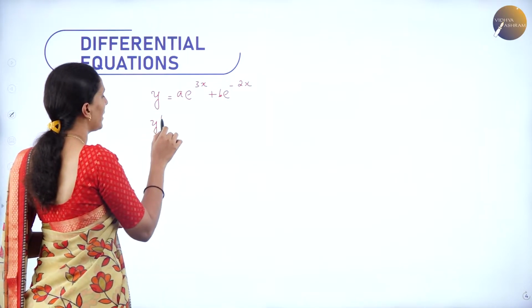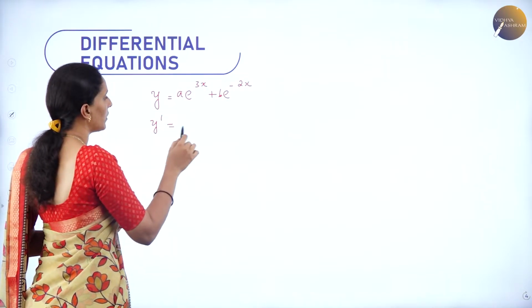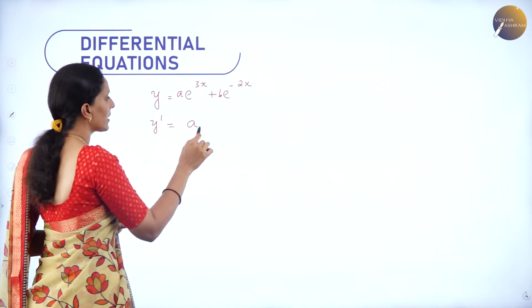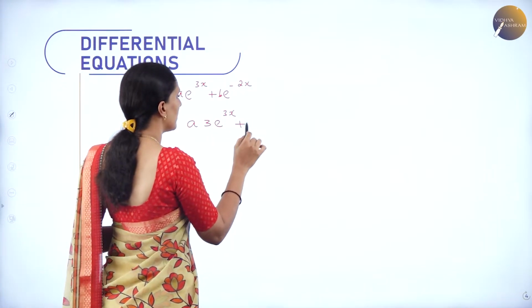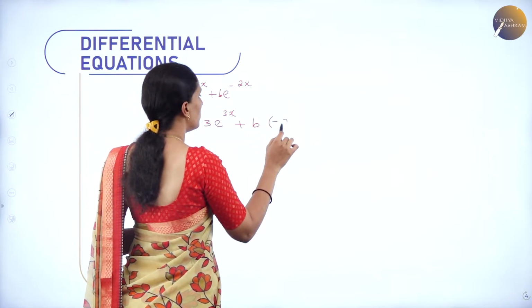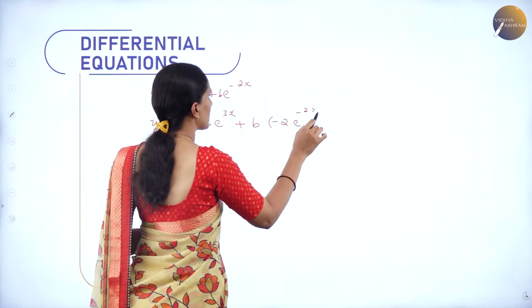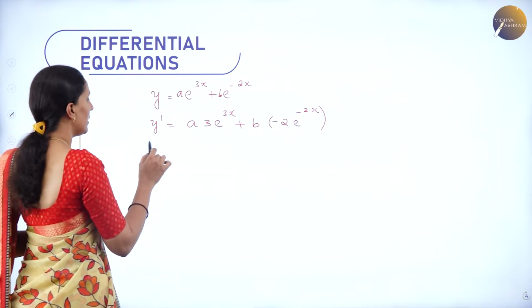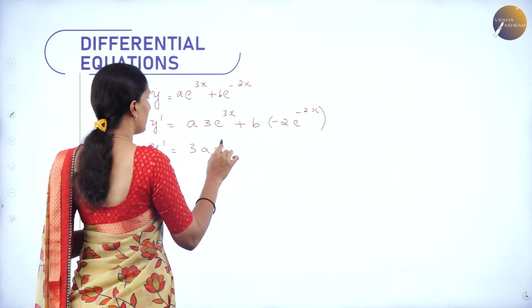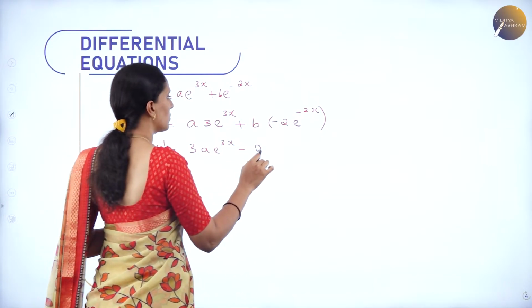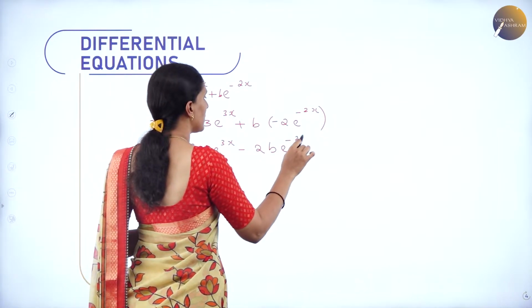Then y dash is equal to a times 3 e power 3x plus b times minus 2 e power minus 2x. So, y dash becomes 3a e power 3x minus 2b e power minus 2x.